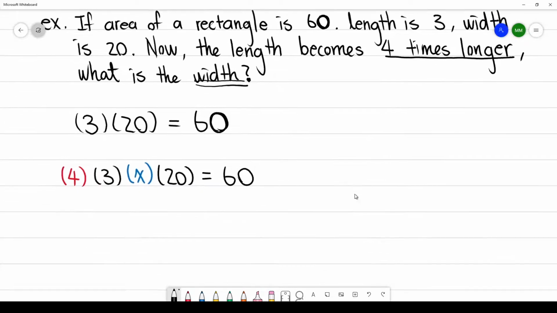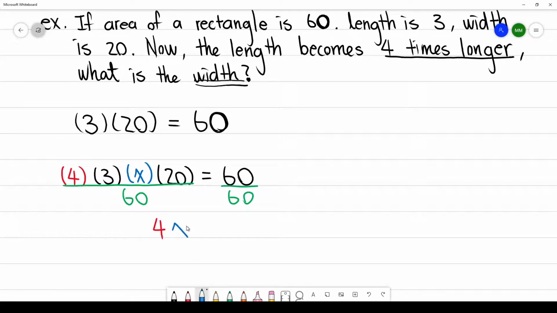Now I can divide by 60 on both sides, and we have 4 times x is equal to 1.